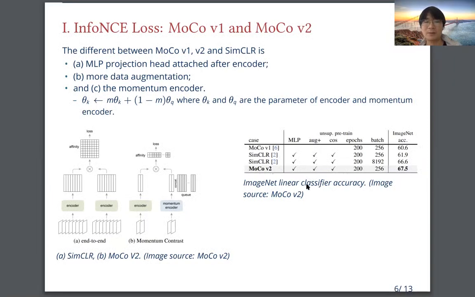And there are also other differences between MoCo and SimCLR. So in MoCo, there is one encoder, we call it the momentum encoder. And this encoder, we don't update it by gradient. We update it using the moving average of another encoder.